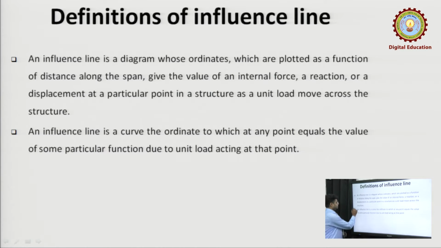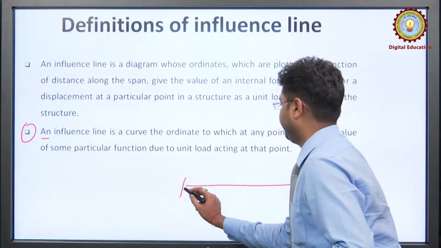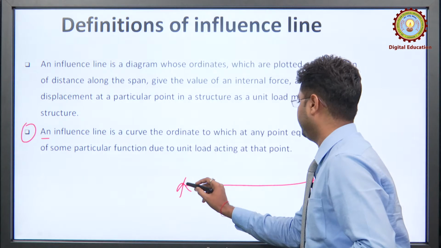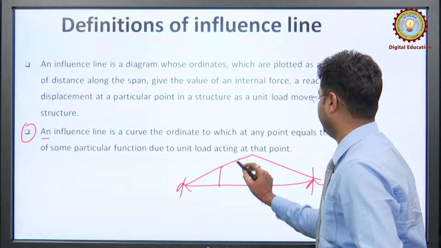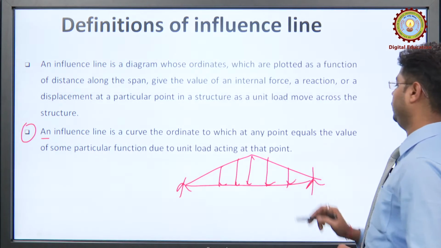The second point tells us the influence line is a curve whose ordinate at any point equals the value of some particular function due to a unit load acting at that point.